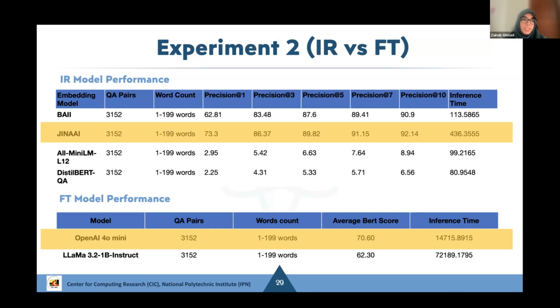For the IR models, again, JinaAI outperformed for all. Here we have also applied the other models, but we can see their results are very, very low. While among the fine-tuning models, again, OpenAI outperformed Llama by achieving 70% BERTScore. So this is the whole thing.